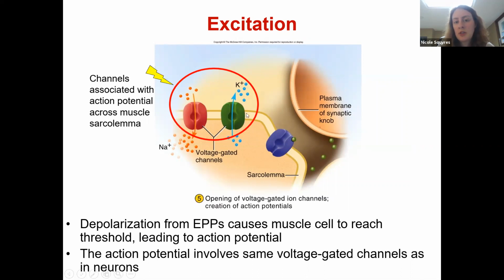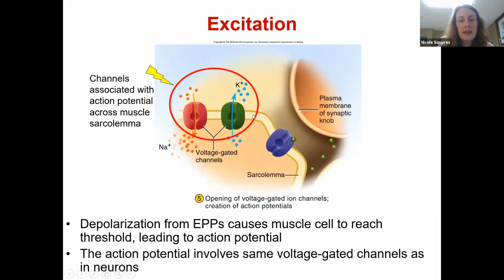And the action potential of a muscle cell is going to work the same way that it does in a neuron. So you're going to have voltage-gated sodium and potassium channels that are going to open sequentially across the surface of the muscle cell membrane, causing a rapid depolarization and repolarization.